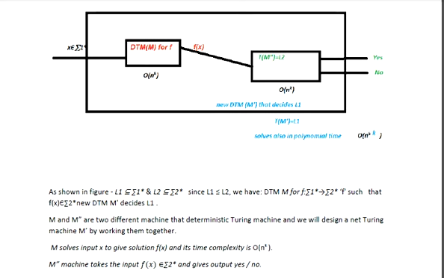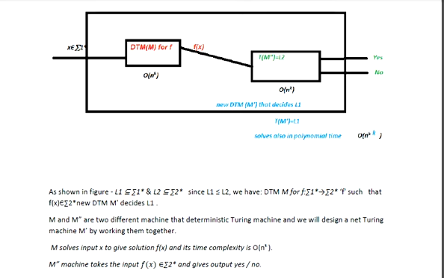Now the main part is, at the very beginning we have two different machines, M and M double prime. M takes the input x and gives the output f of x in polynomial time, order of n to the power k, and M double prime is another machine which takes the input f of x and gives the output yes or no in polynomial time.